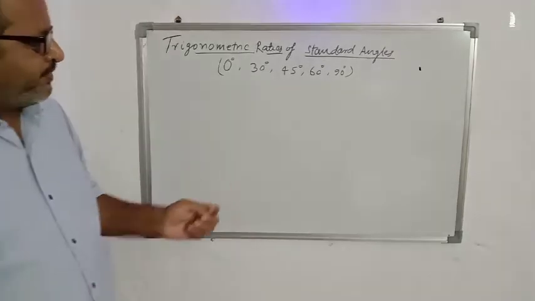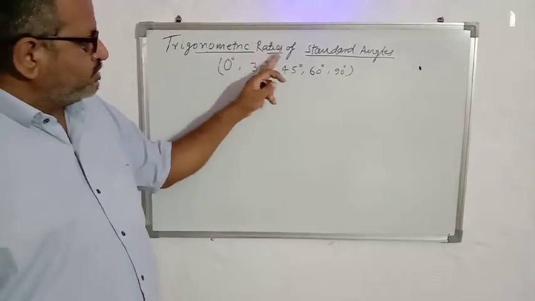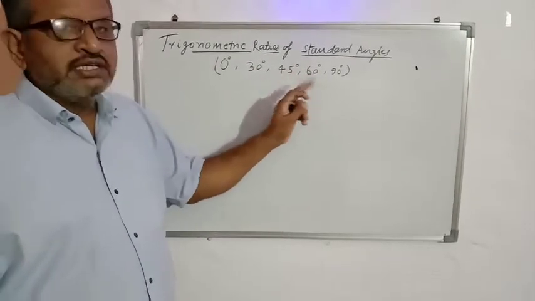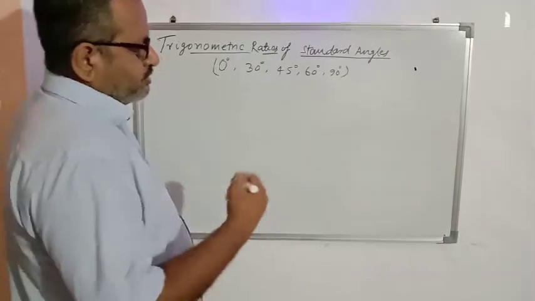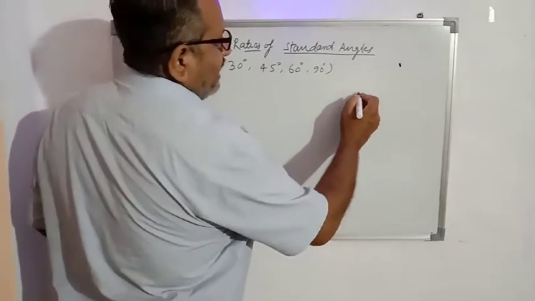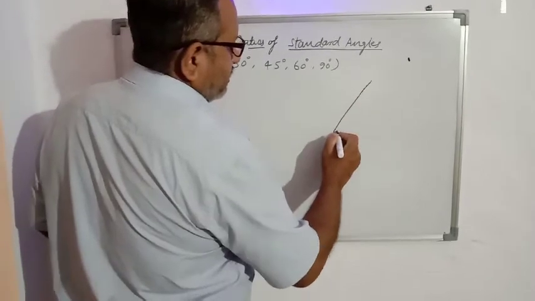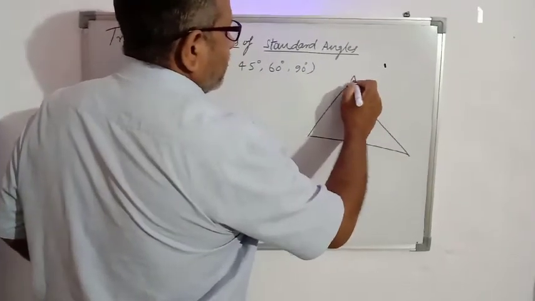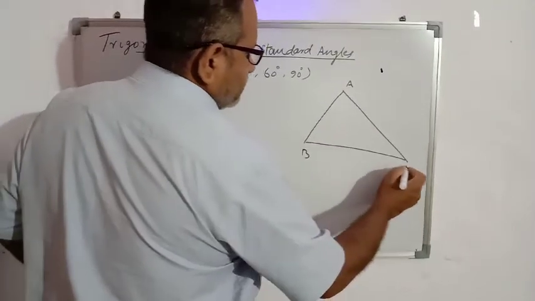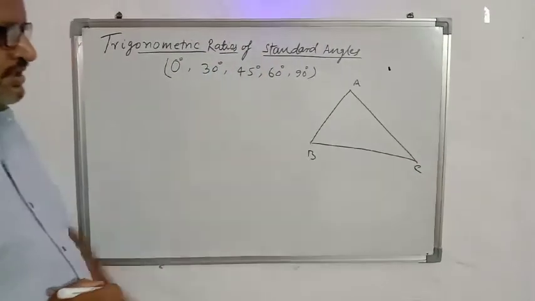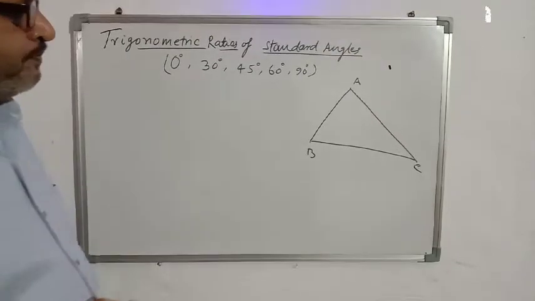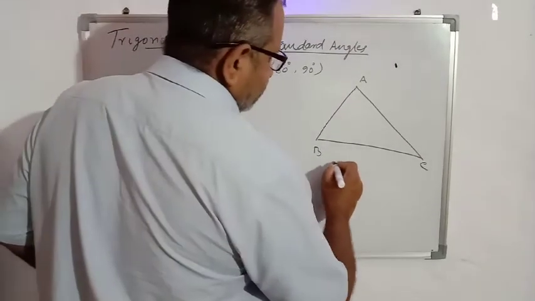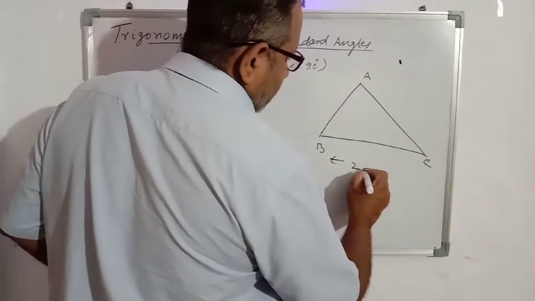Firstly, let us see what will be the trigonometrical ratios value for 30 degree and 60 degree. So we will take an equilateral triangle ABC. ABC is an equilateral triangle of side 2A.